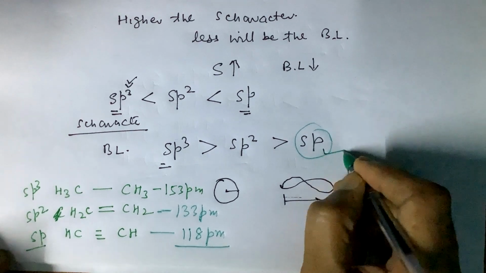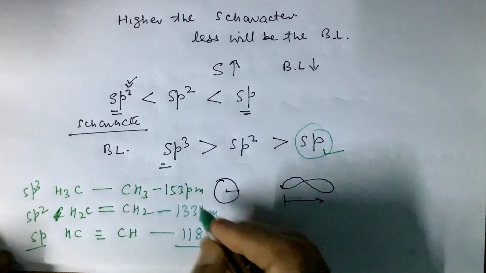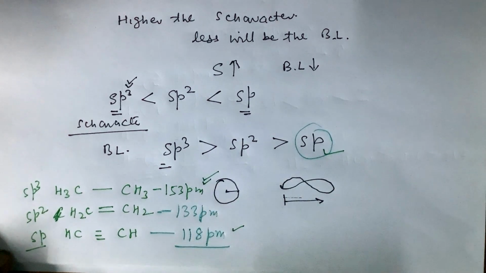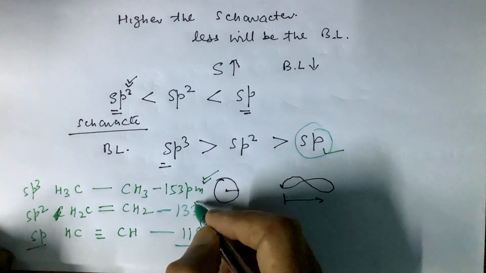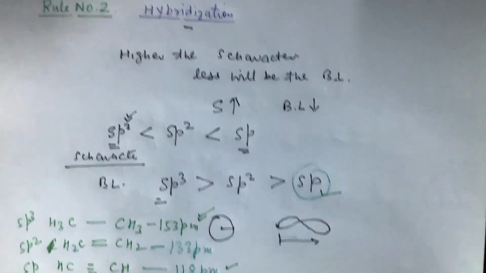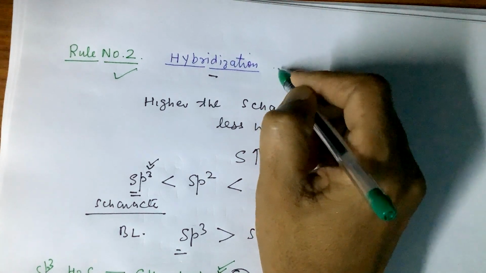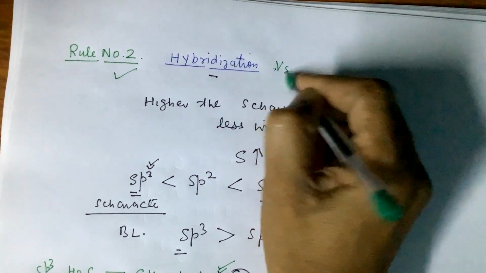In sp3 the s character is less and the p character is more, hence the bond length is more. So this is rule number 2, hybridization versus bond length.